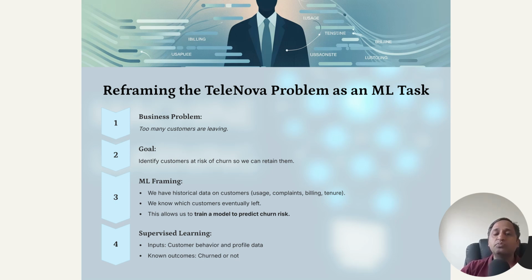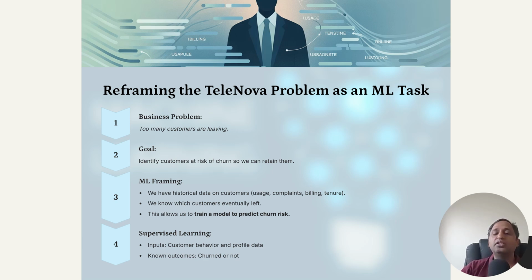So now let's move into framing our ML problem. We know the business problem. Now how do we frame our ML problem? We have access to historical data, things like customer usage patterns, support calls, billing activity and tenure. And we already know the outcomes of that data, whether they churned, yes or no. We know which customers left and which customers stayed. This means we can train a machine learning model to learn the patterns that typically lead to churn.